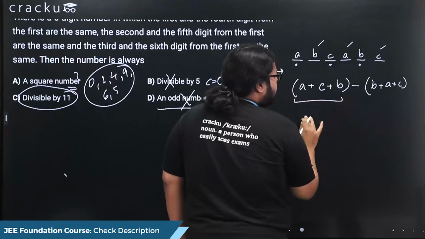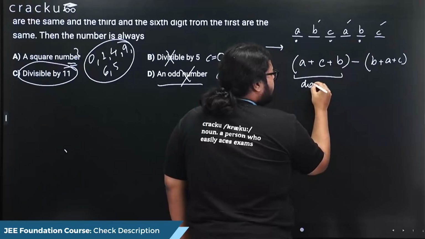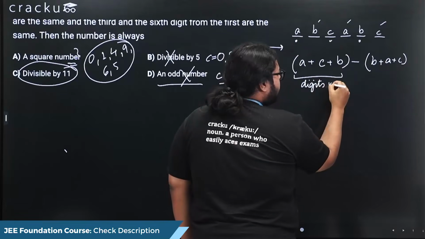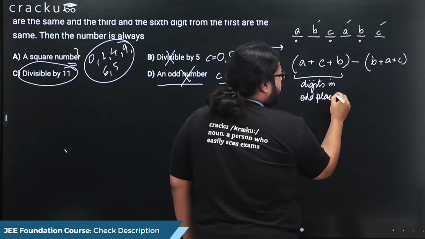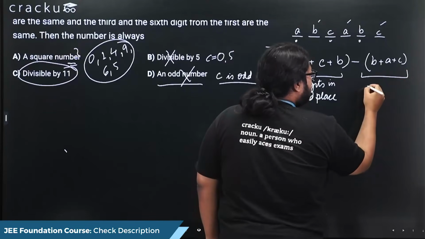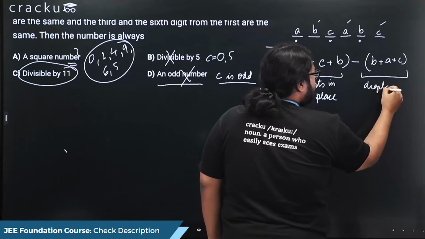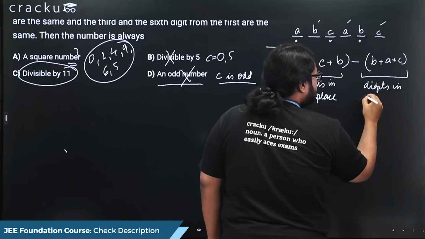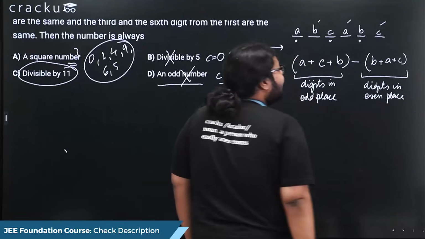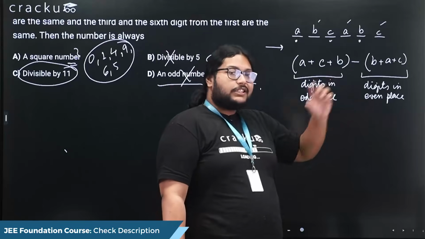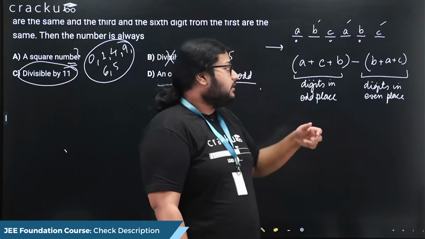These are digits in odd place, and these are digits in even place. The rule gives us that this difference should either be 0 or a multiple of 11.